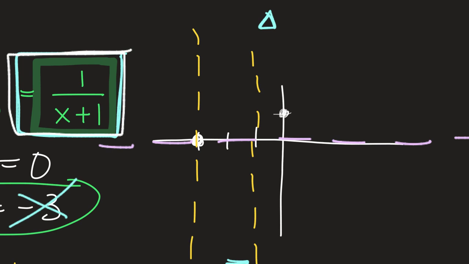So let's see what our graph looks like. To the right of our asymptote, it comes down, hits positive 1, and then heads off towards 0 to the right. Okay, so nothing changes on the right side of our asymptote.